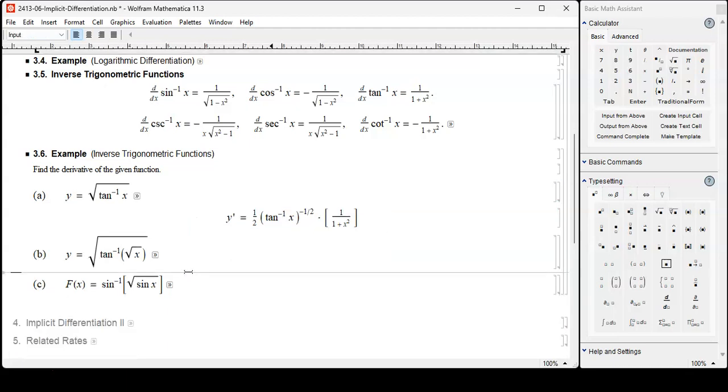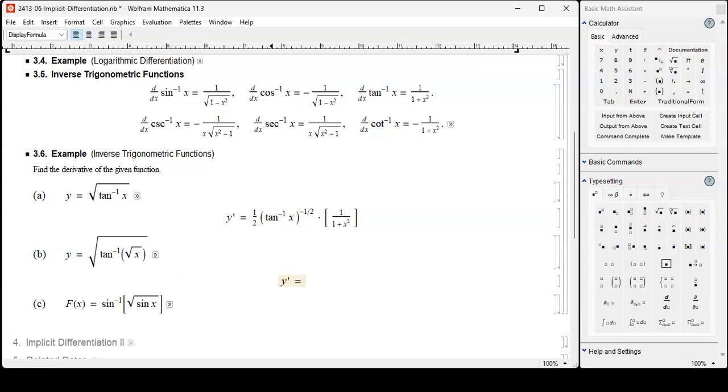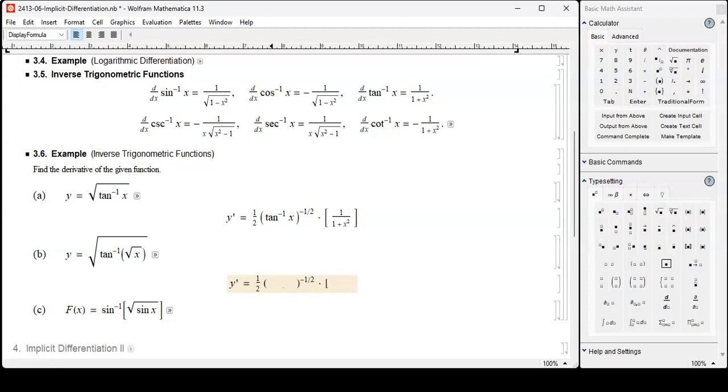Okay, how about the next problem here? Well, let's see, we have square root here, inverse tangent, and another square root here. So apparently this is another chain rule problem, but two chain rules. So out of function first, 1/2 power, and then subtract 1 from the power, and then multiply the derivative of the inside. How do you like that? Okay, outside done. Now inside never changes. Remember that? Inside never changes.